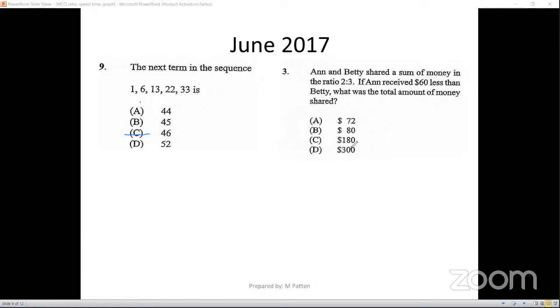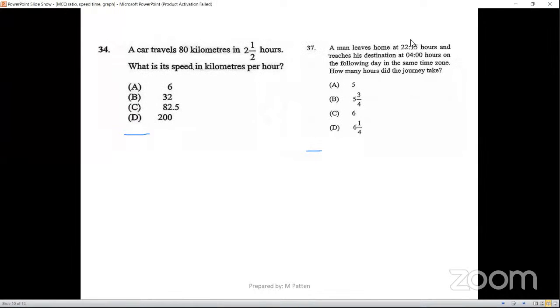B, it is 300. Next. The answer for number 34 is B, D, B. And for 37, B, B.